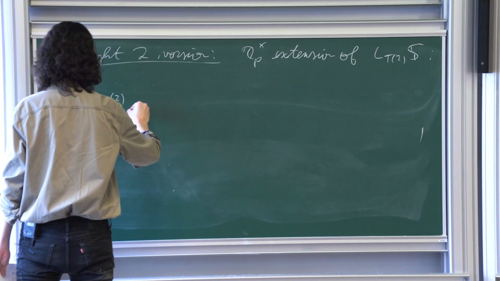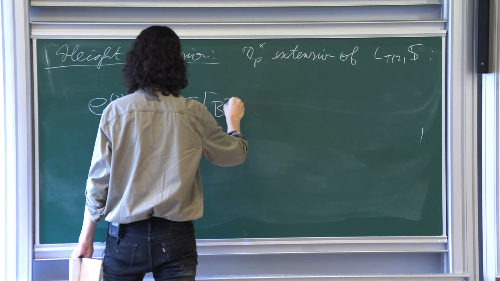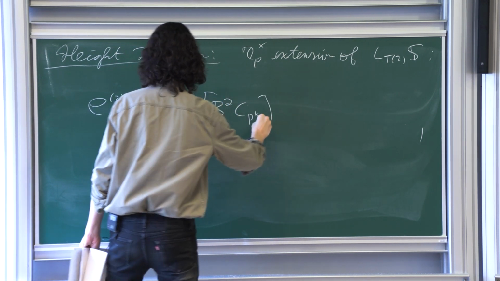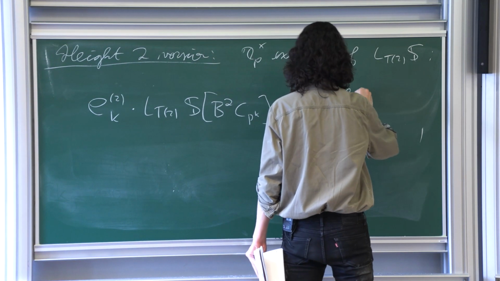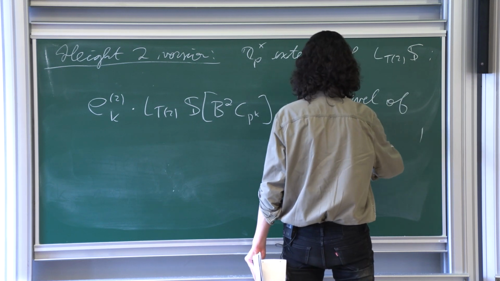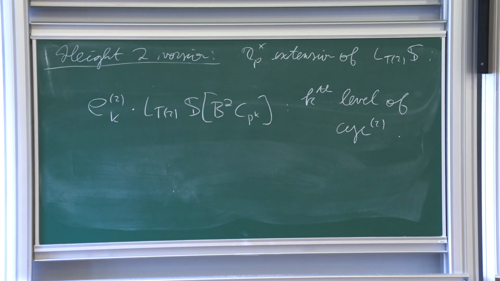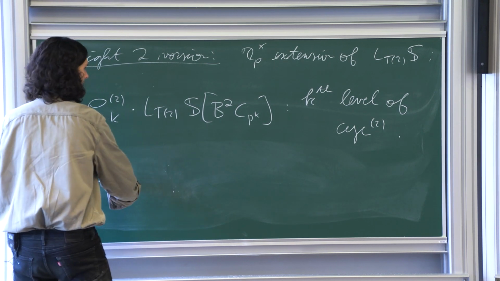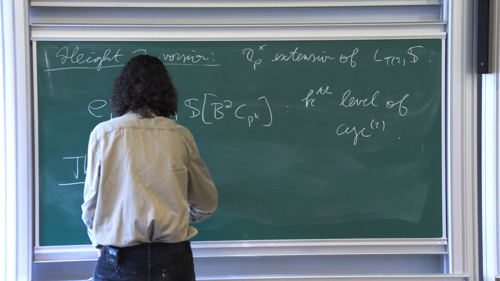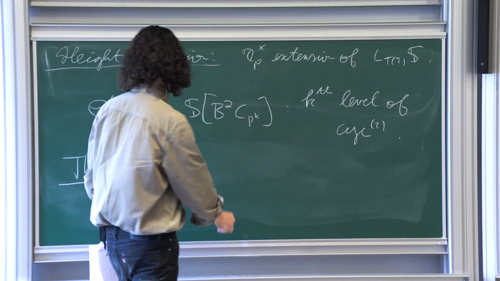You have an idempotent acting on a group ring, but now you have to take the double classifying space of this abelian group. And then you get the kth level of the cyclotomic tower at height 2. And there's a theorem identifying this. After K2 localization, you can, so to speak, calculate it, because K2 localization is calculable.